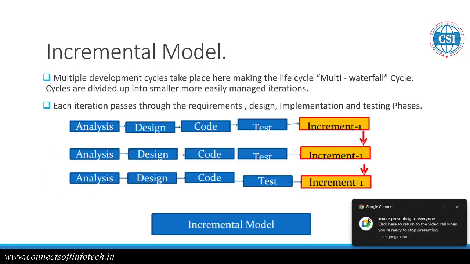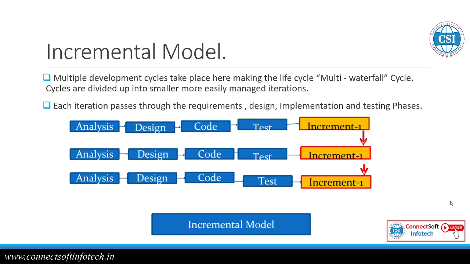Now this was about the waterfall model. The next one is the incremental model. We have seen that whenever the requirements change, we need to do the same thing again, requirement gathering and everything, and it will take again one or two years. If they declare it as a one-year software, you will deliver the product in one year: two to three months for requirement gathering, two to three months for designing, two to three months for coding, and two to three months for testing.